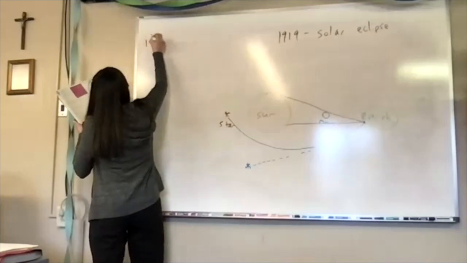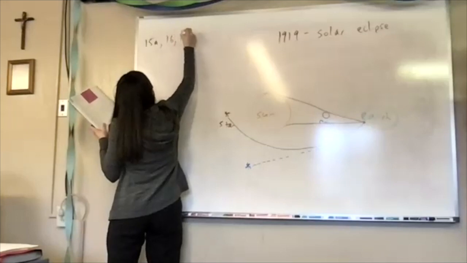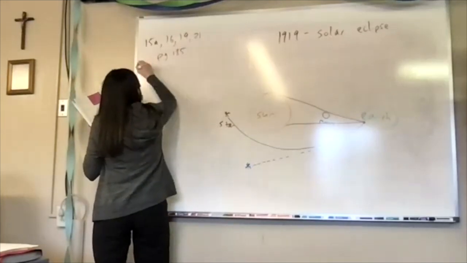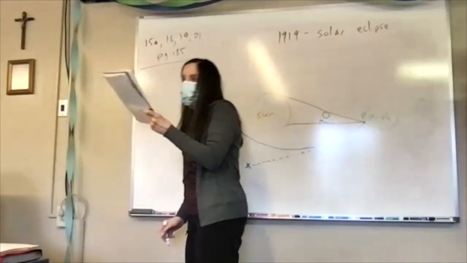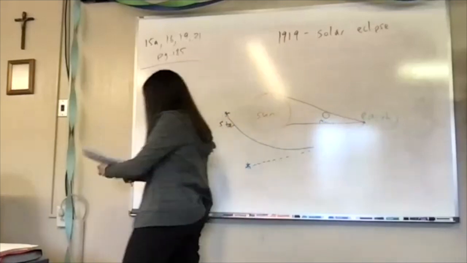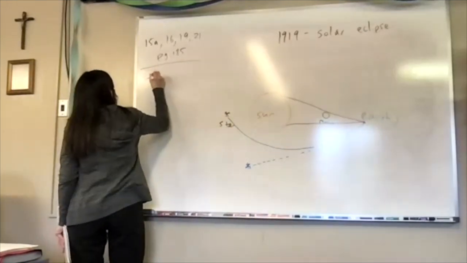So do 15A, but not B, 16, 19, 21, page 185. I'll give you the other questions to work on too for tomorrow and on Thursday. The chapter review questions, if you want to do those, you can.